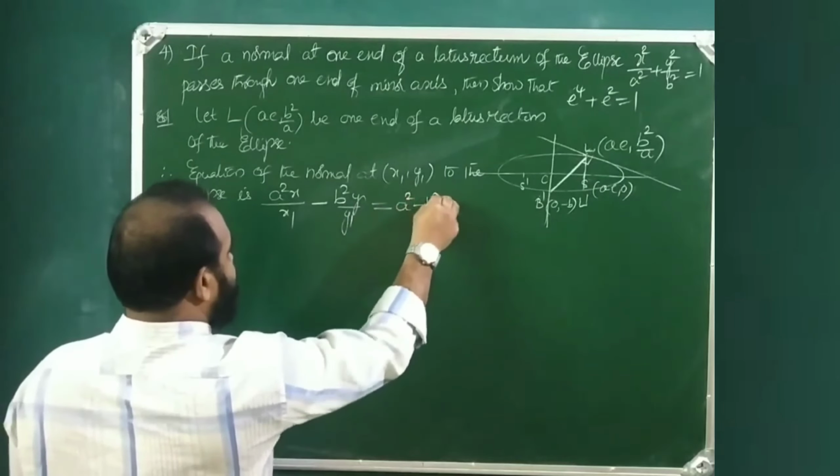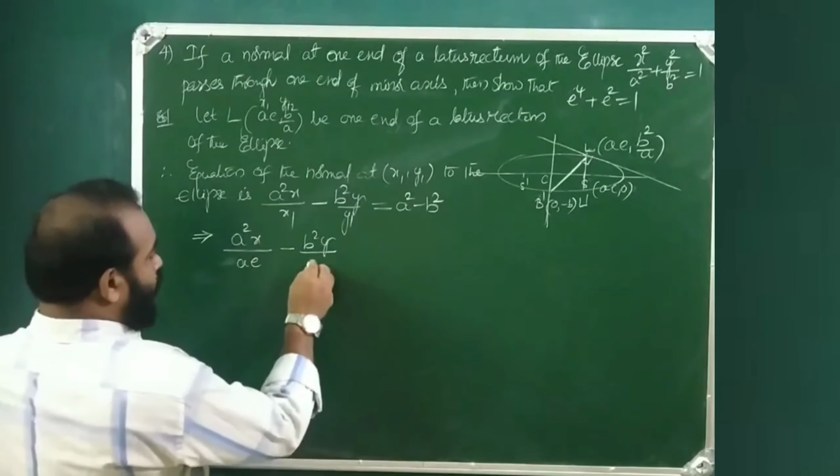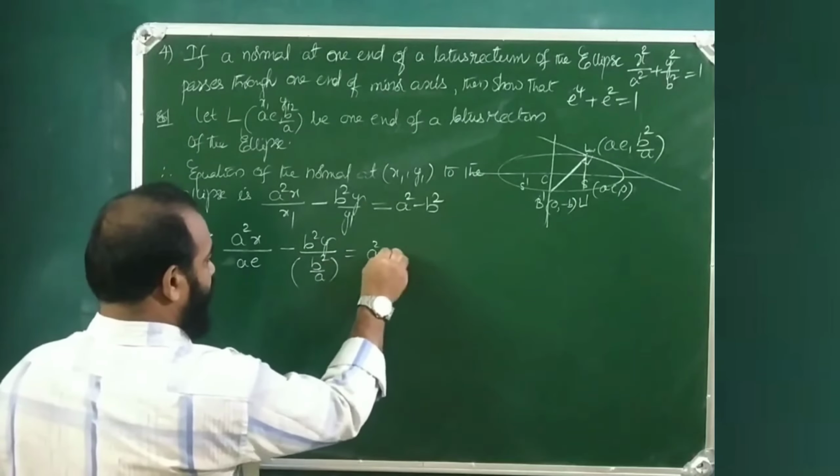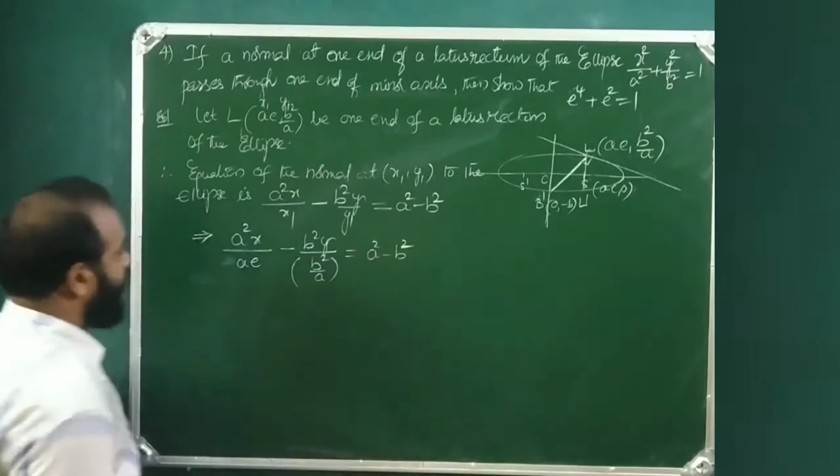This implies a square x by x1 is ae, minus b square y by y1 is b square by a, equals a square minus b square.